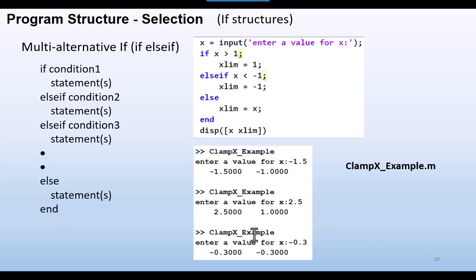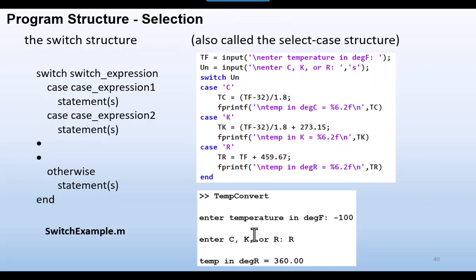And then we come down to our multi-alternative if with the else if clause with our clamp function example. And this shows 3 examples where for the first 2, it's clamped to -1 and +1. And the third one, it allows -0.3 to go through. Okay, so that's what that looks like. And we then handled the switch structure.